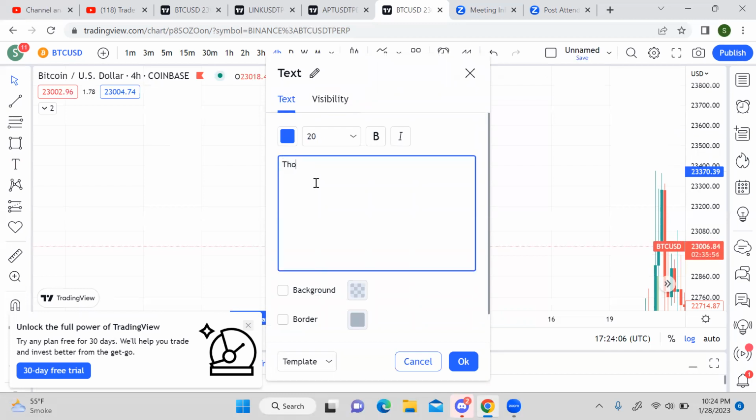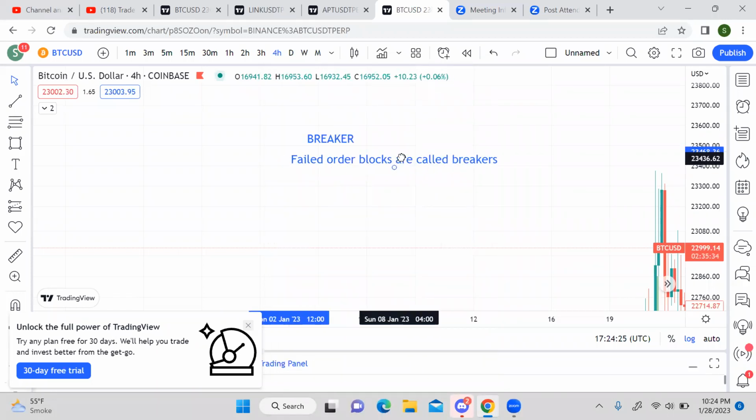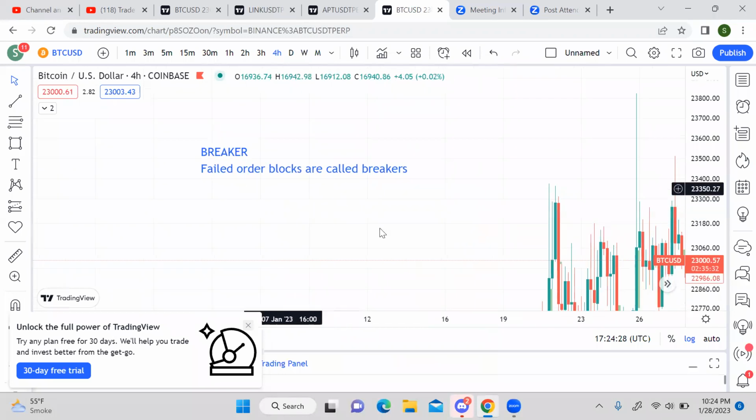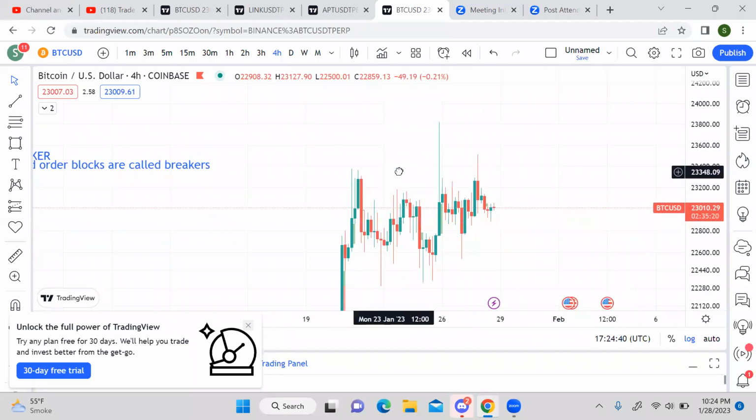Those failed order blocks, the proper definition if I say it, failed order blocks are called breakers, and they work effectively, mostly all the time. When you find a breaker in your setup according to your plan, it will work 80% of the time. There is an 80 to 90% probability for breakers.